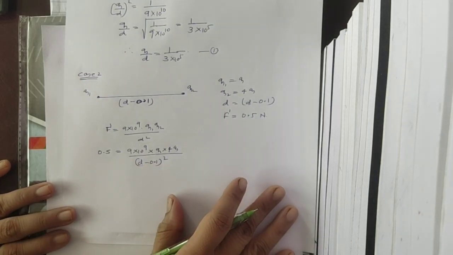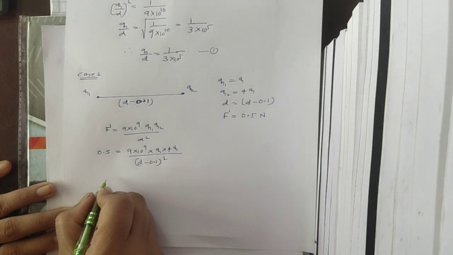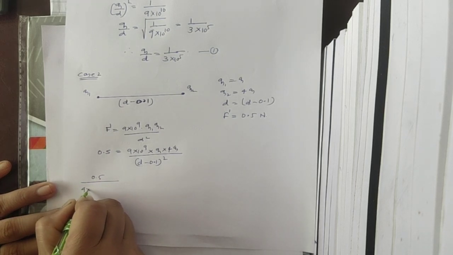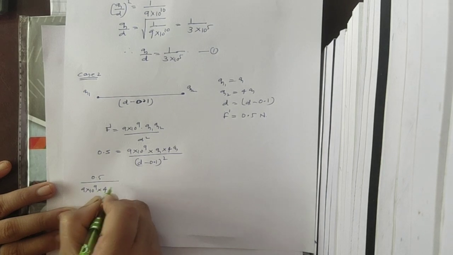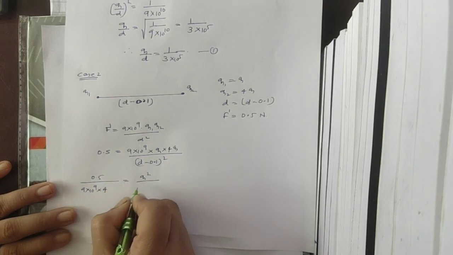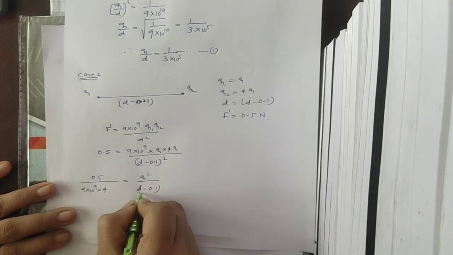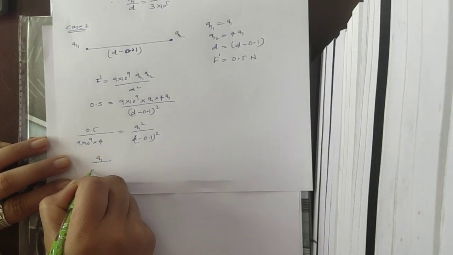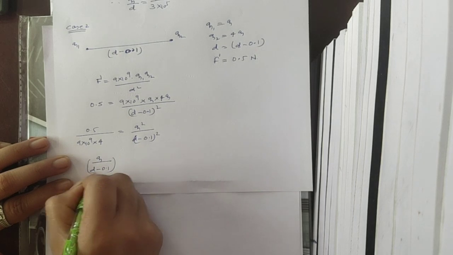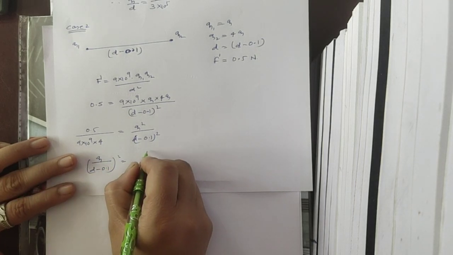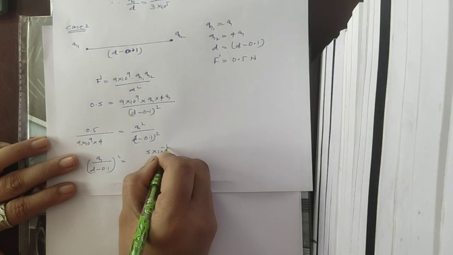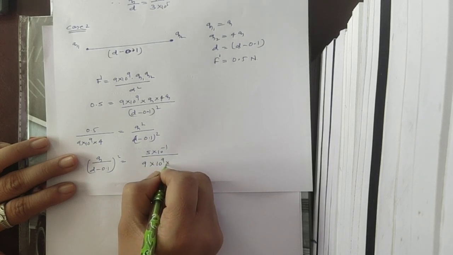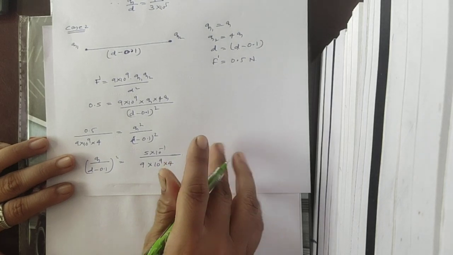Simplify it. Q divided by D minus 0.1 whole square, I take. So 5 into 10 to the power minus 1 divided by 9 into 10 to the power 9 into 4.